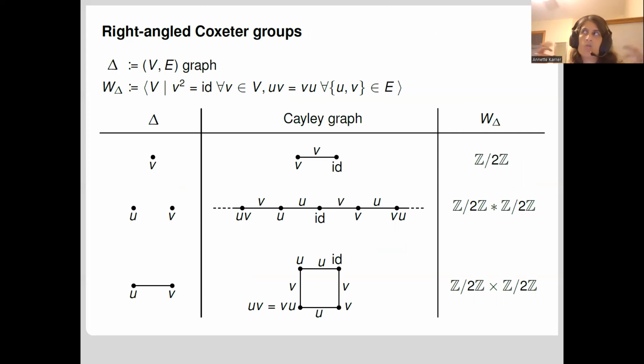And now we can just glue in Euclidean cubes whenever we see a one-skeleton of a Euclidean cube. And if we do so, we get a CAT(0) cube complex, which is called the Davis complex. Thinking of these Davis complexes gives a very nice intuition for those groups. And if I now speak of a Davis complex of a graph, I always mean the Davis complex of the corresponding right-angled Coxeter group.